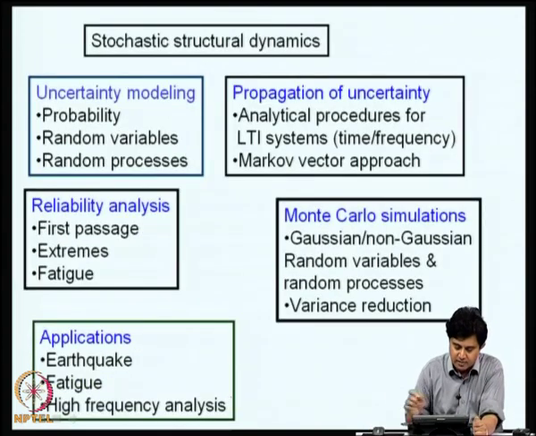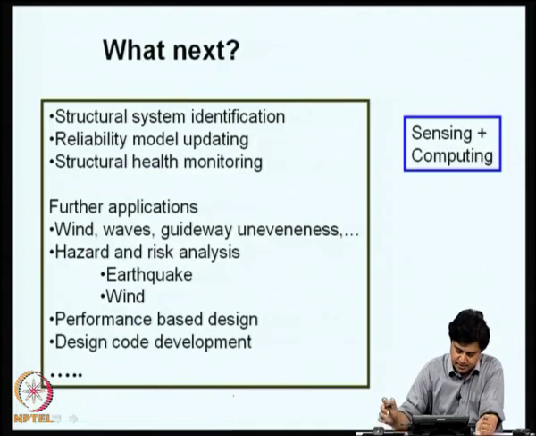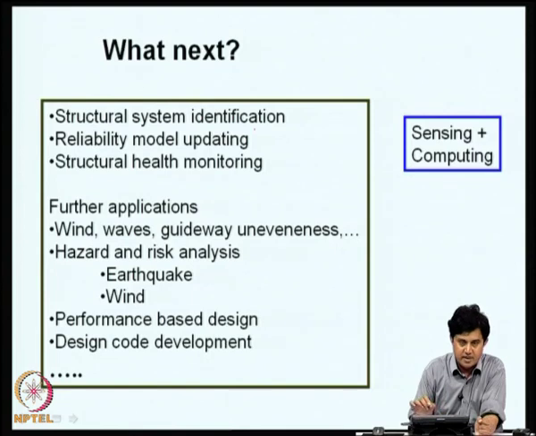The questions that we have considered so far have dealt with the so called forward problems in structural engineering, where inputs were specified, systems were specified, and questions were asked on characterizing the response of the system. But in modern engineering, there are other concerns, like for instance, questions on structural system identification have become important in recent years because of development in sensing and computing technologies.